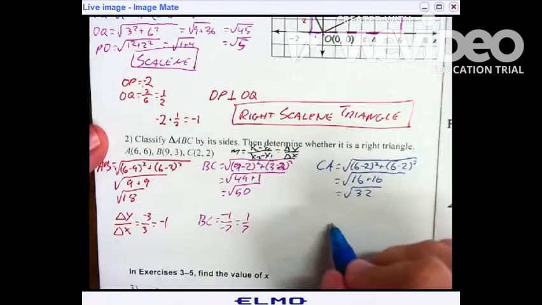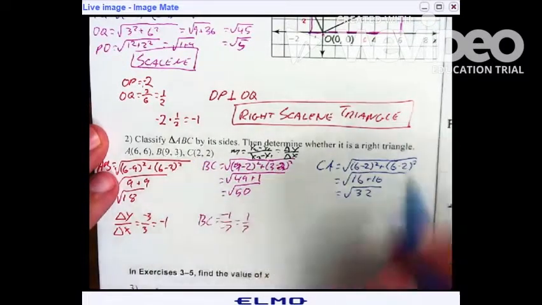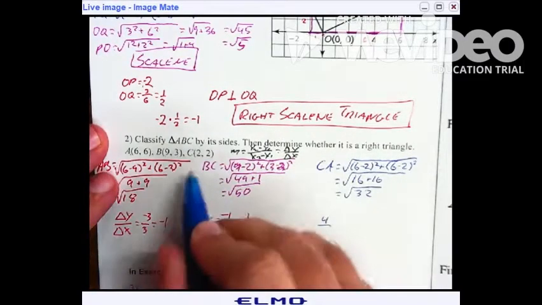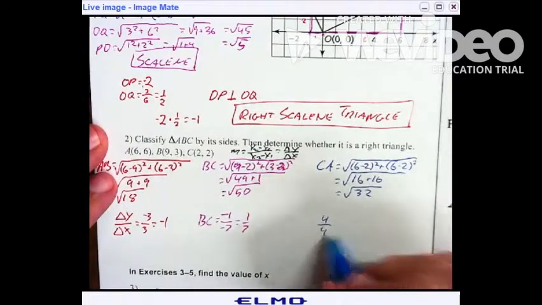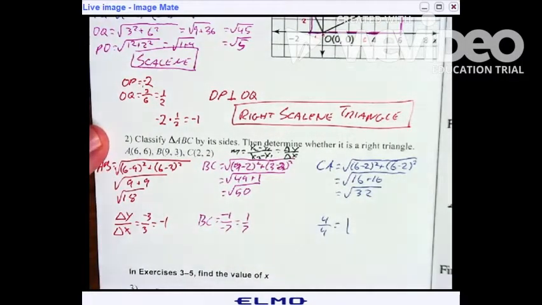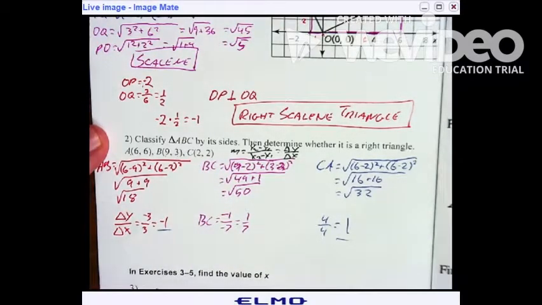Let's try C. We're going from 2 to 6, so that's up 4. And then from 2 to 6, which is up 4. So this is a slope of 1. And here we go. We have those two are opposite reciprocals.